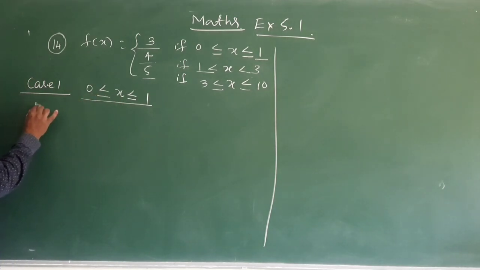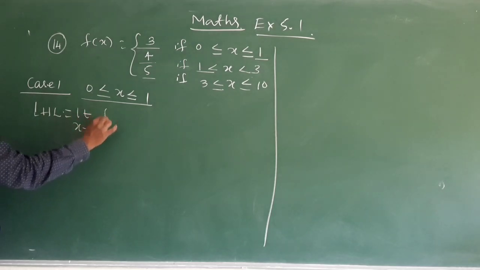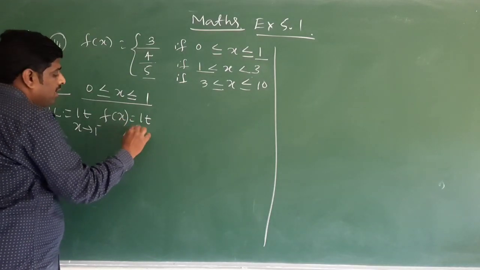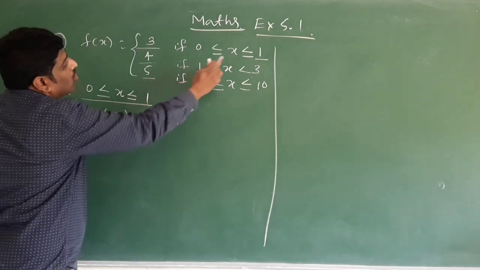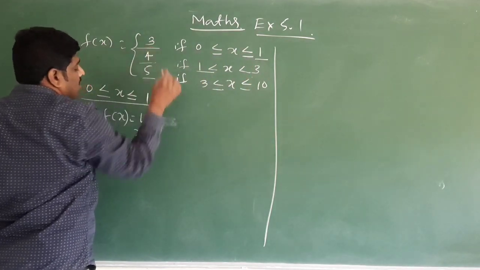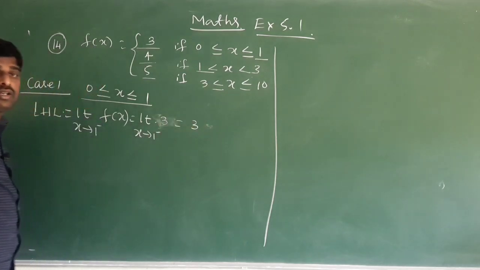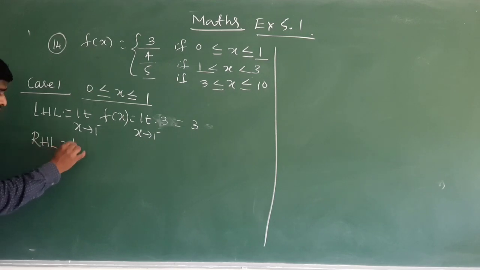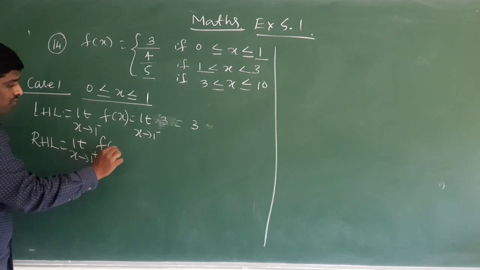For this, LHL is equal to limit x tends to 1 minus f of x, which is, for x less than 1, 3. Limit of 3 is 3. Now come to RHL. RHL equals limit x tends to 1 plus f of x.